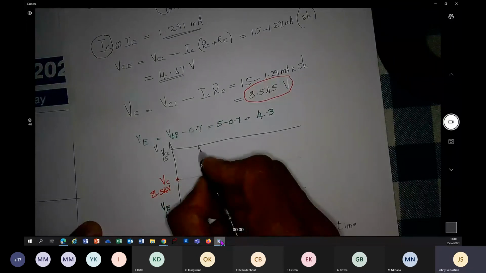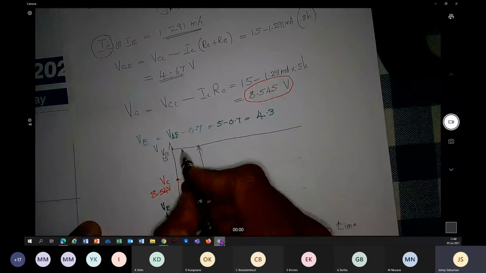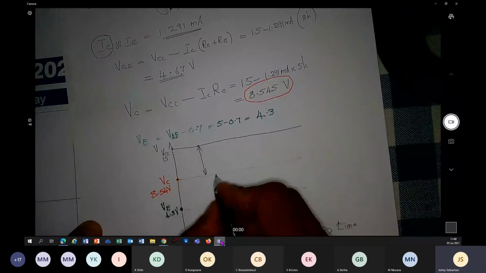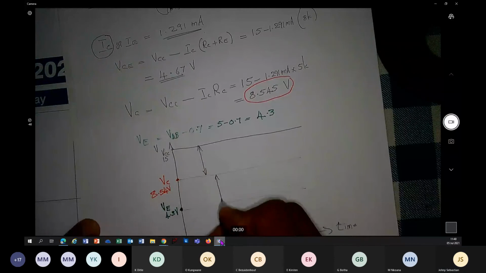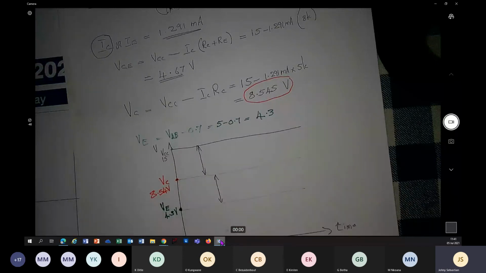Or the positive signal swing is 15 minus 8.54. What is the negative signal swing possible? 8.54 minus 4.3. Do you understand that much?